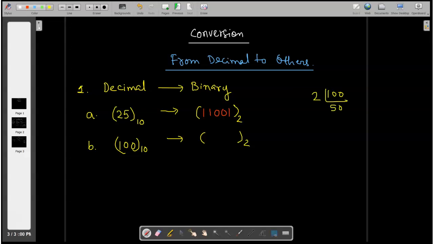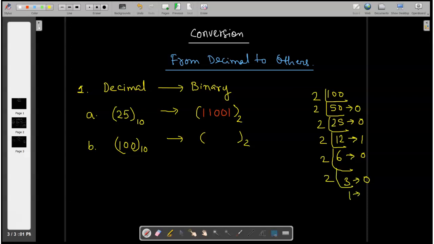2 50s are 100, so the remainder is 0. 2 25s are 50, again the remainder is 0. 2 12s are 24, the remainder is 1. 2 6s are 12, the remainder is 0. 2 3s are 6, the remainder is 0. 2 1s are 2, the remainder is 1. Again, how do we go?